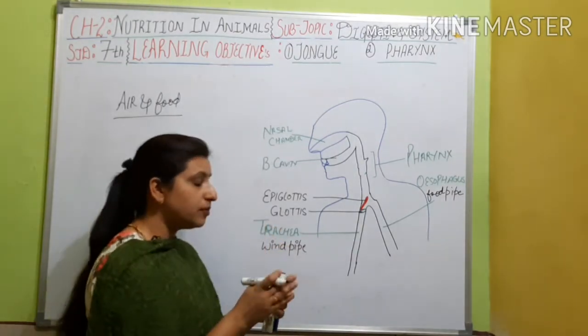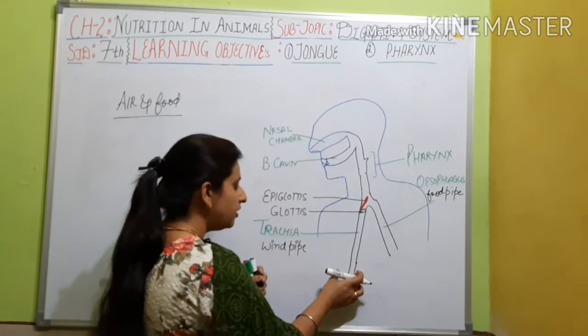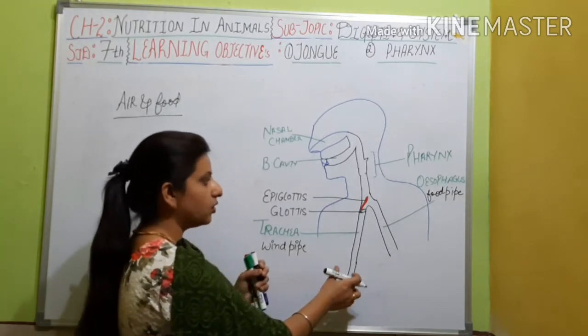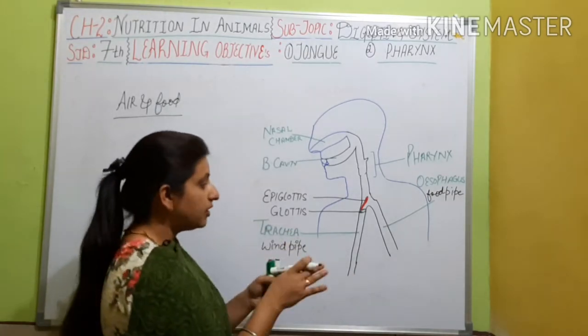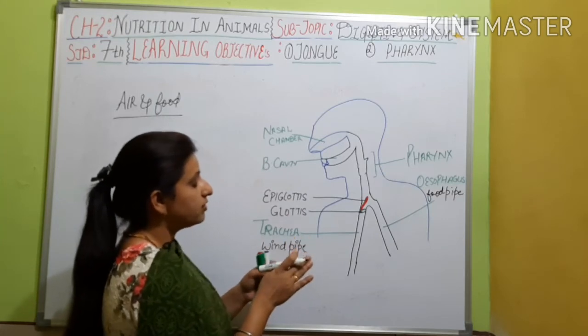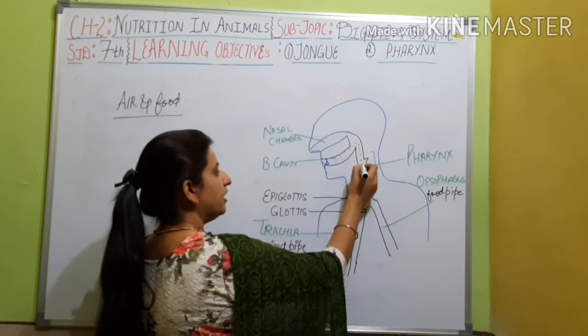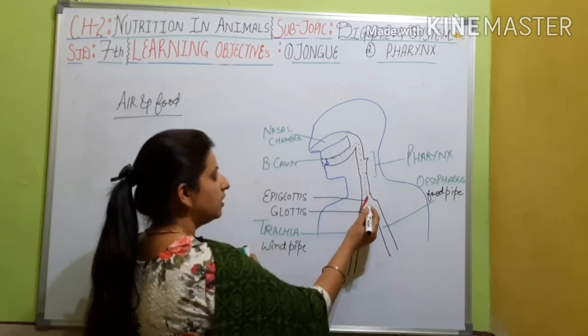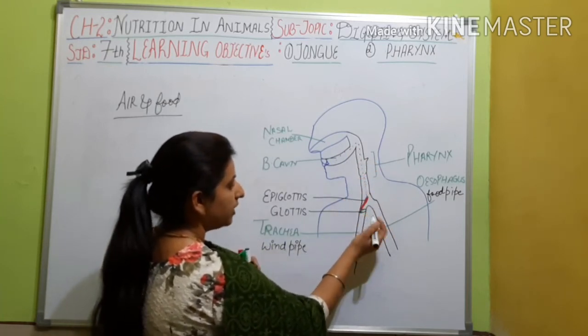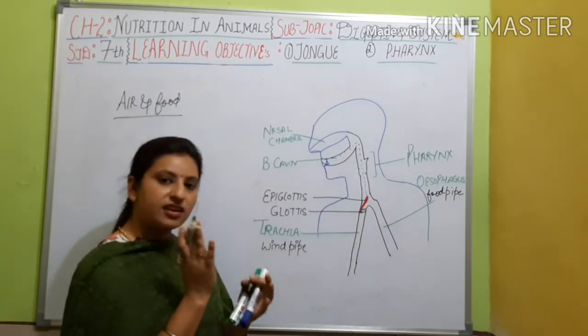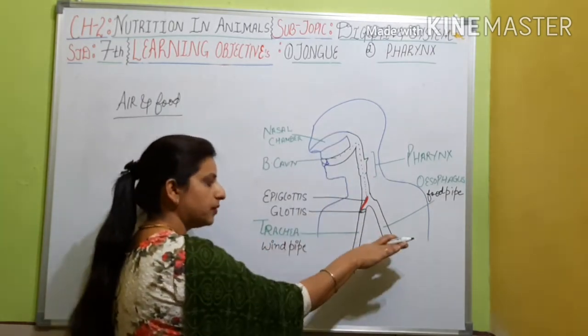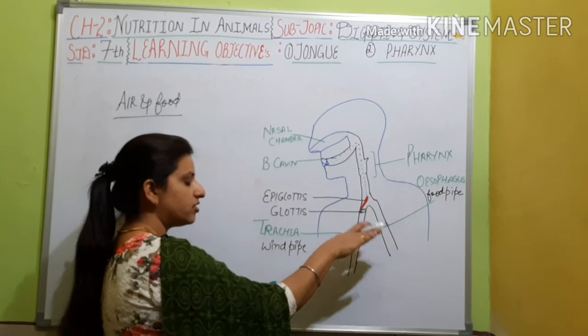So it is possible that food might enter into the trachea, the windpipe, and go to the respiratory system. But as the food we are eating comes along this junction, the epiglottis, a flap-like structure, just closes up.